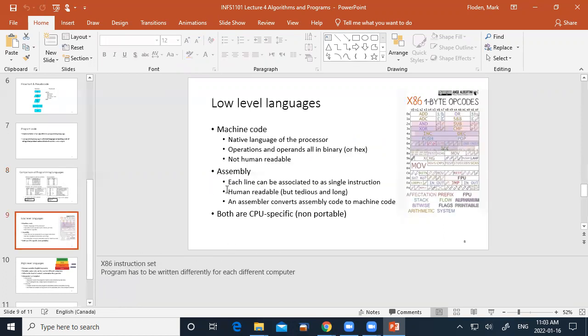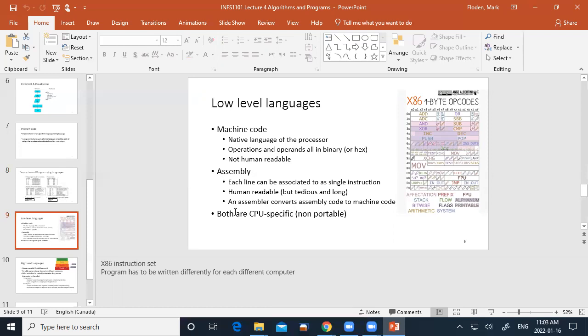Low-level languages are the languages which were in the first slides. So your low-level, your first generation, second generation language, assembly. The problem with low-level languages, as it says here, is that they might be specific to a particular CPU. So if you write a program that works on this type of computer, it might not work on that kind of computer, right?